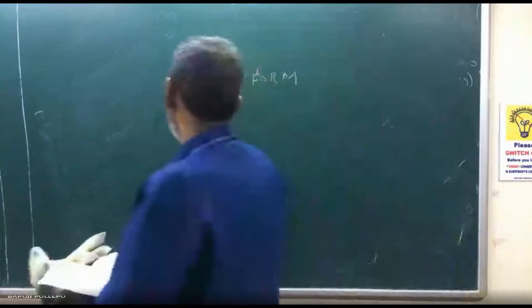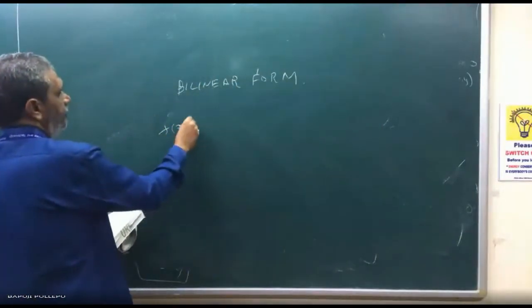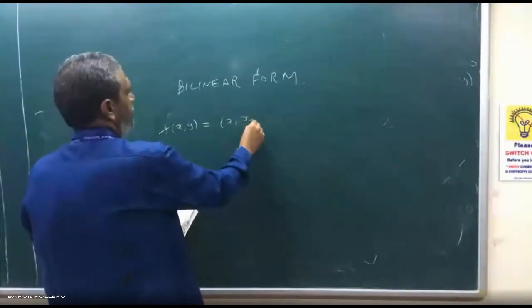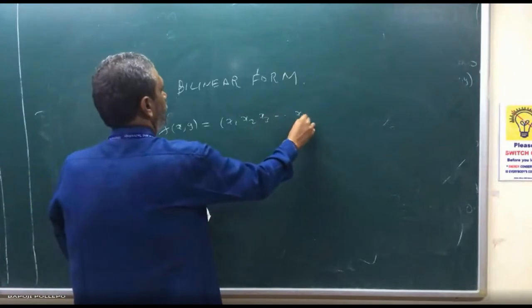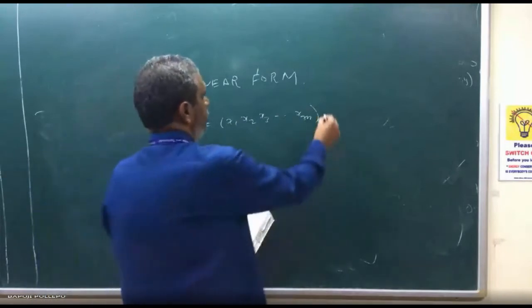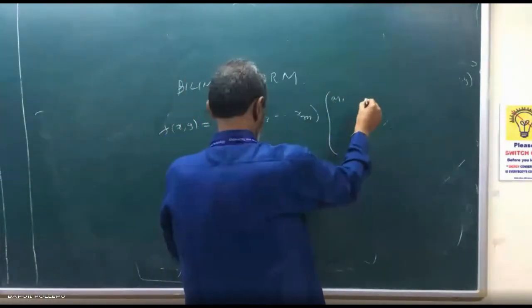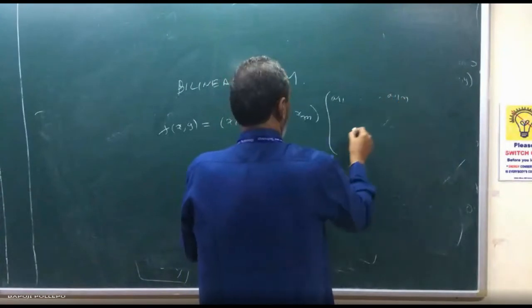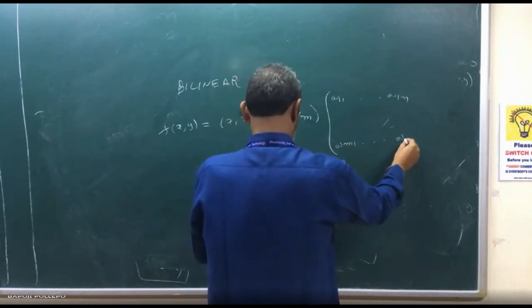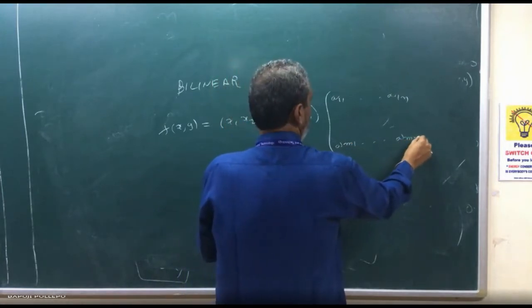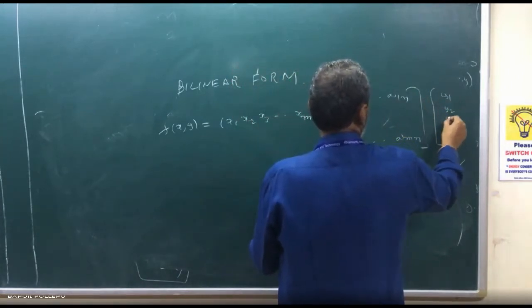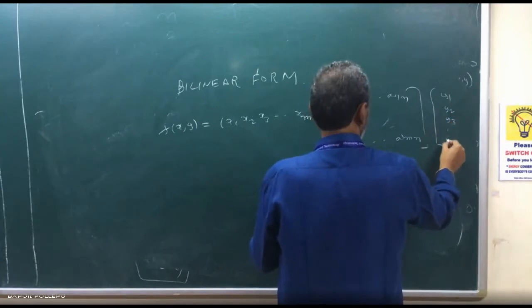So you will get f of x. You can write it in matrix form. x1, x2, x3, up to xn, then the matrix a11, a1n, am1, amn, then y1, y2, y3, so on, yn.